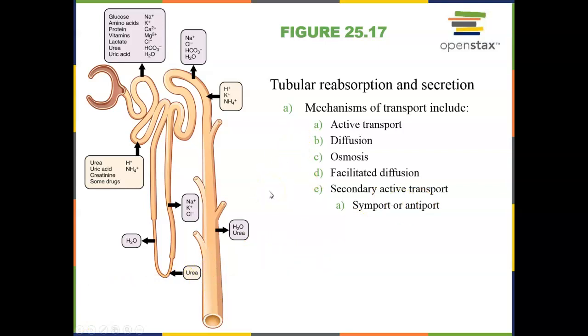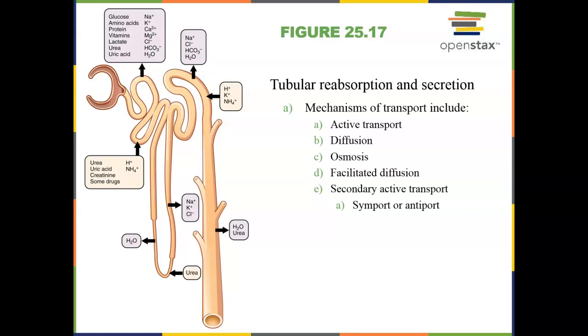So how do these things get reabsorbed and secreted? Through all the different transport mechanisms you learned last semester. So remember active transport, sodium potassium pump, endocytosis. There's also secondary active transport using symporters or antiporters, where you have one molecule moving down its concentration gradient and another molecule moves against its gradient with that molecule.